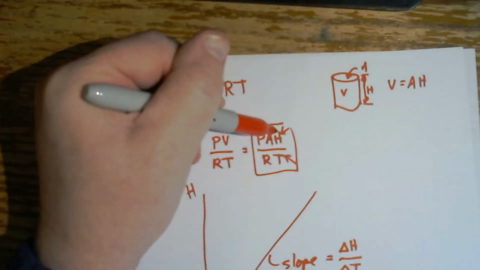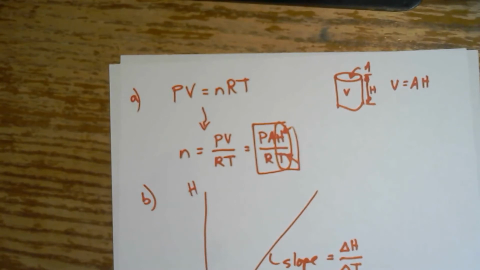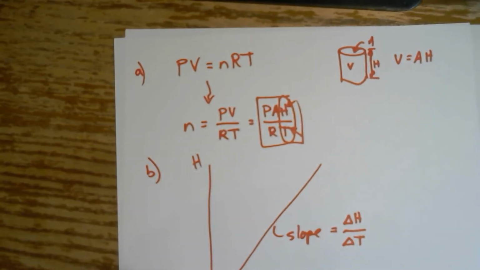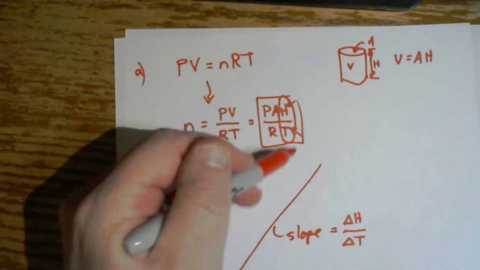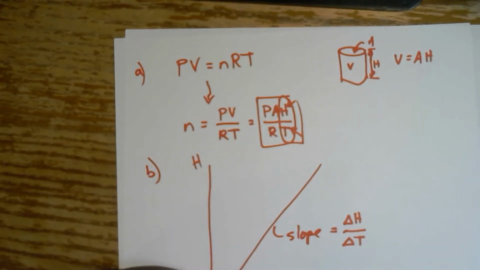If you look at your equation from part A, you have a height over temperature term right here. That means if I plot height over temperature and then multiply it by PA over R, that would give me the number of moles.